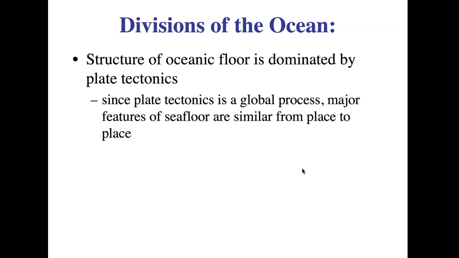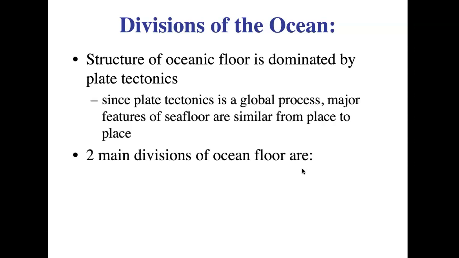Now, when we talk about the ocean floor itself, we've already talked about the fact that it's dominated by plate tectonics, and because of plate tectonics, major features of the seafloor are going to be similar from one area to another across the globe.